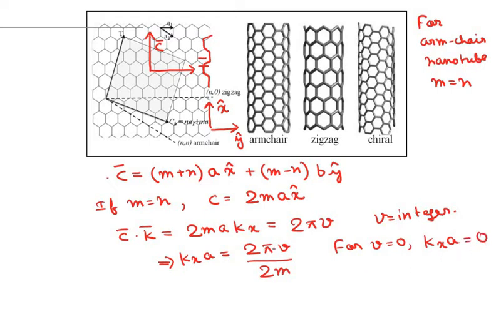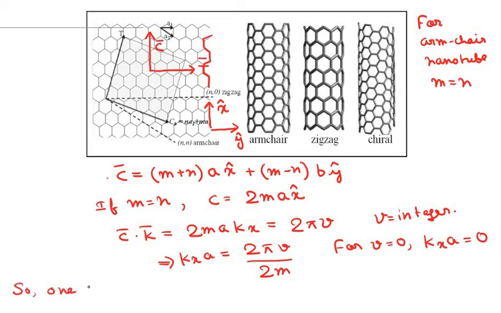Each value of v gives rise to a particular subband, and v can be any integer. So for v equal to 0, kx a would always be 0, and therefore one of the subbands would always pass through this point.